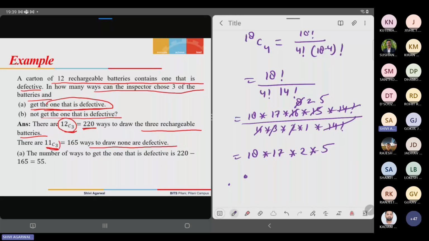How can we say 11C3? Can any one of the students explain it? How can we say 11C3 are the ways to draw none that are defective?